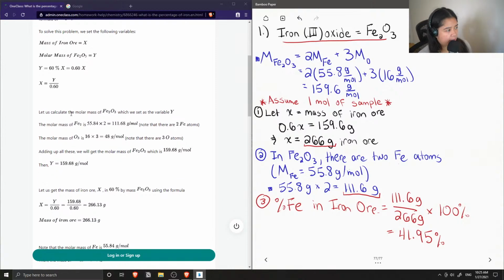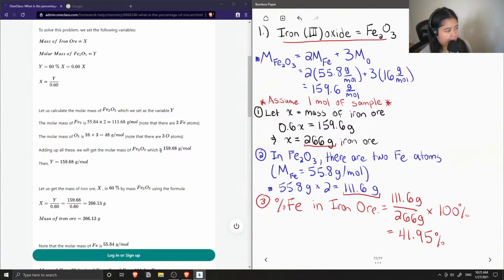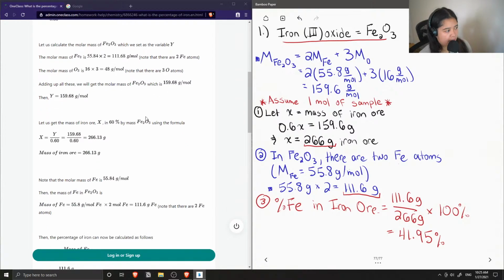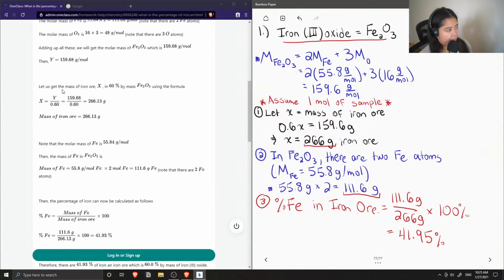And then they calculated the molar mass of iron 3 oxide. So they also got 159.68. And then they got the mass of iron ore by dividing the molar mass of iron 3 oxide by 0.6.